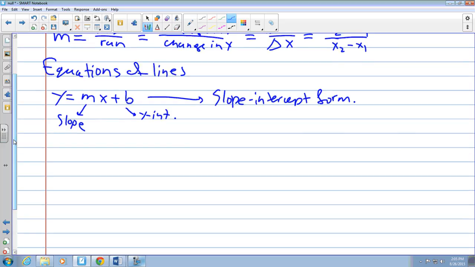There is another equation of a line. Y minus y1 equals m times x minus x1. And that one is called point slope. Very good, because it has a point and it has a slope.